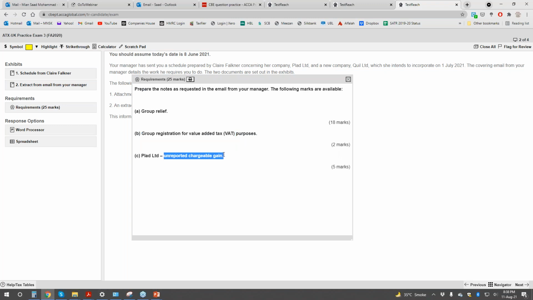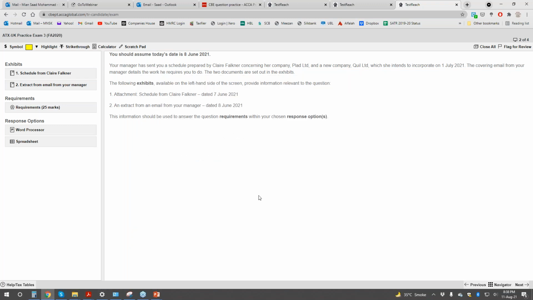Normally, anything unreported or undisclosed is a hint that this part relates to ethics, and its marks are telling me the same story as well. Because the ethics marks will be 5. They will not be less than 5, they will not be more than 5. So I can tell that this part is for ethics.